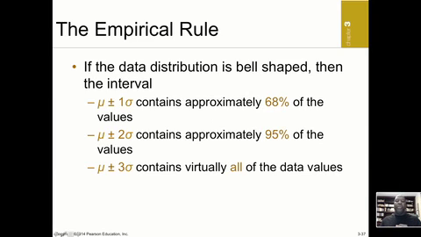If we now calculated two standard deviations, two standard deviations plus the mean, two standard deviations minus the mean, then the percentage of the distribution in that range would be 95%. And then finally, if we were to add 3 standard deviations and subtract 3 standard deviations, then virtually all of the values will be in that range. So we call that the empirical rule.